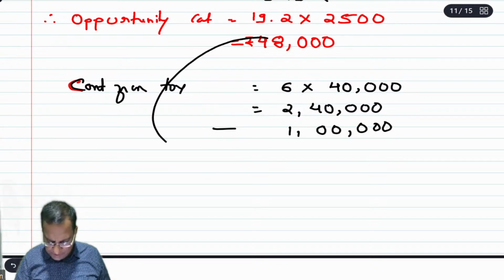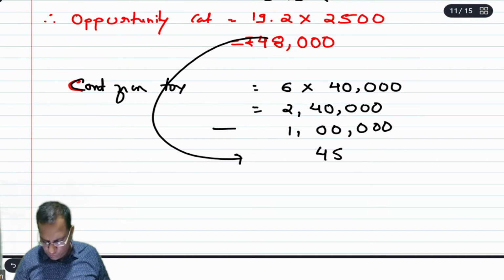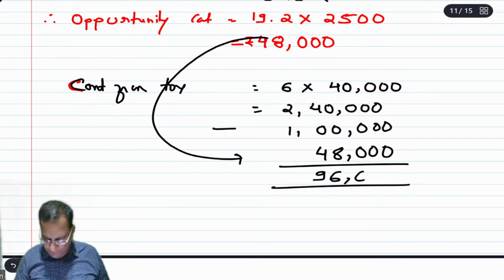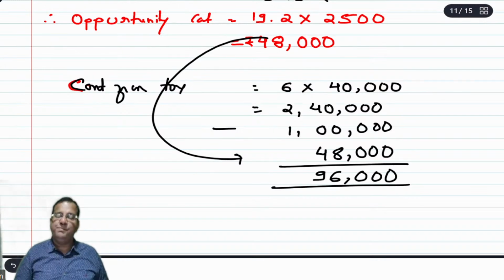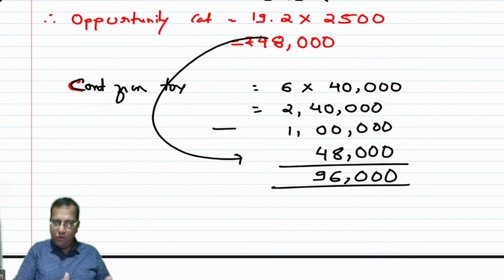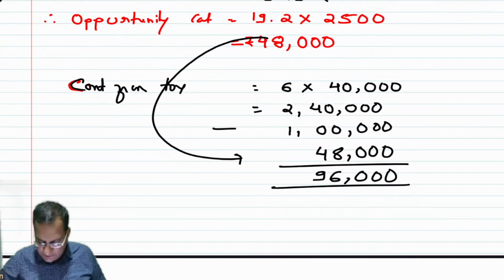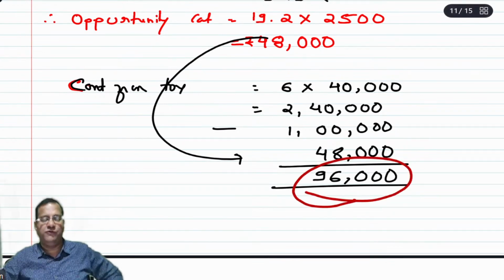Even after considering the opportunity cost of 48,000, you are still earning 96,000 rupees. Therefore, it is beneficial to withdraw 2,500 hours from the bottle manufacturing division, so that after recovering those 48,000, the extra amount we will earn is 96,000 rupees.